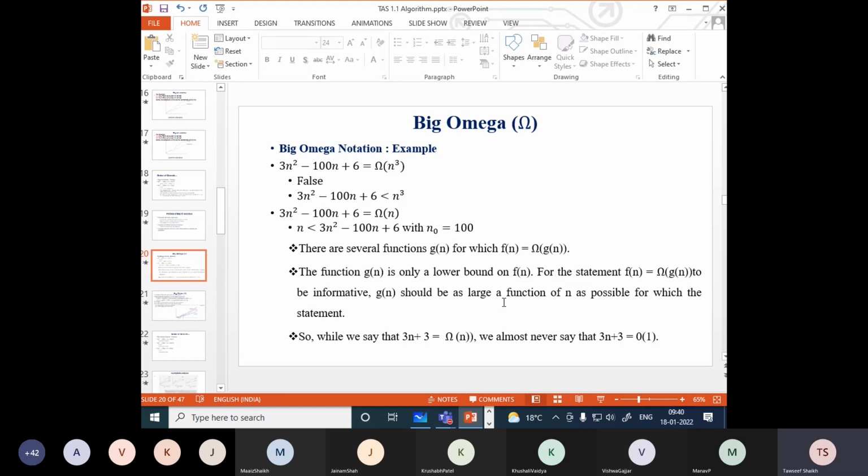So if a function is given that is 3n plus 3, its omega notation will be omega of n. Its omega notation is also omega of 1 because 1 is on the left hand side of n, on the lower side. So omega of 1 is also true, but we will never take that. We always take omega of n because it is on the lower side but the upper one.